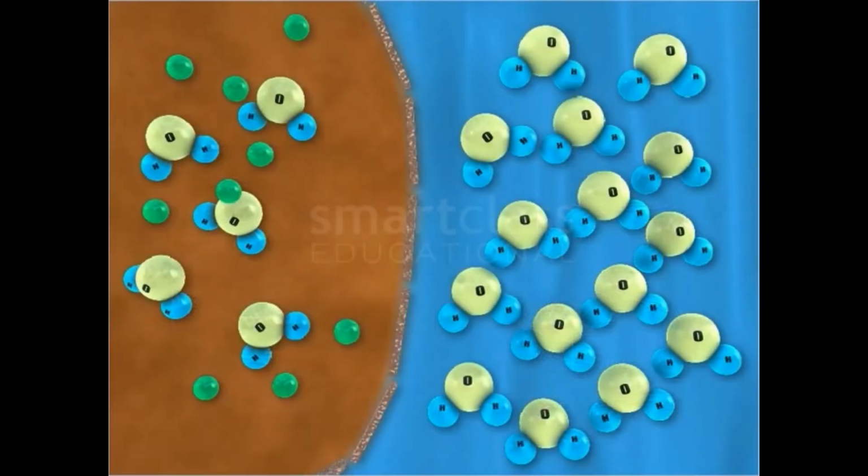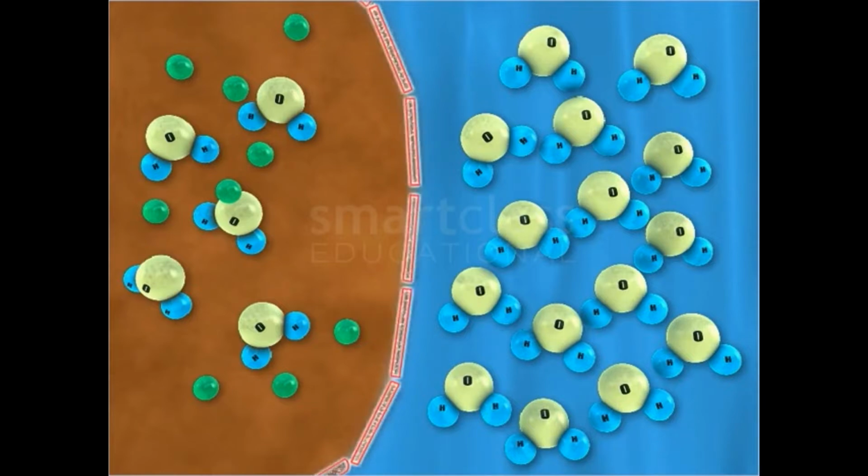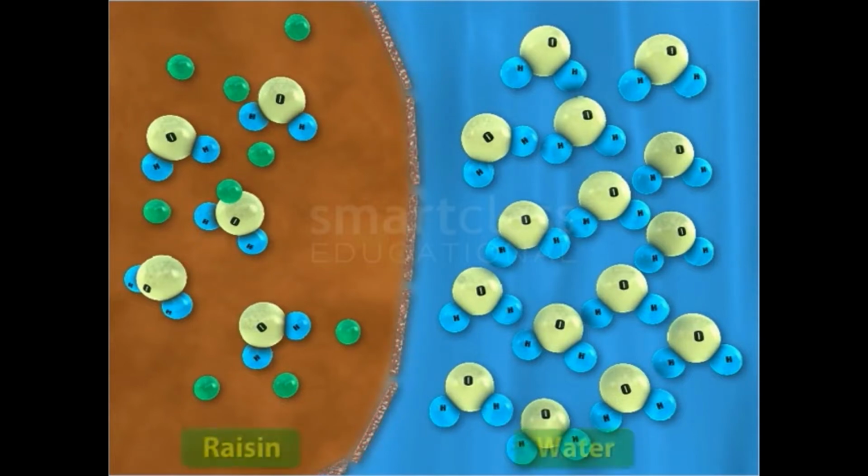What might have happened? Look, when two liquids are separated by a semi-permeable membrane, osmosis takes place, as I said already. In this case also, the brown region in the diagram is the raisin, while the blue portion is the water. We can clearly see that the raisin has more concentration and the water has lesser concentration.